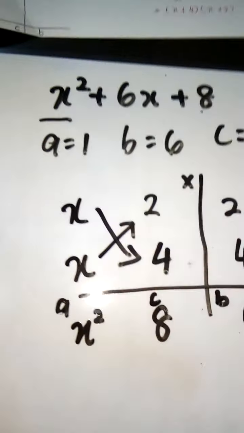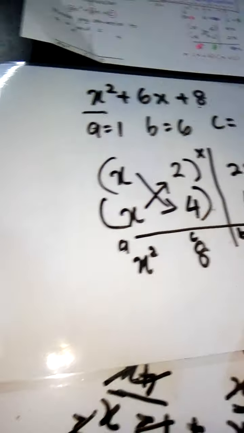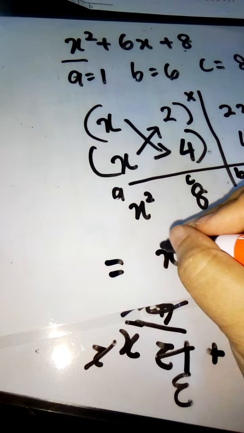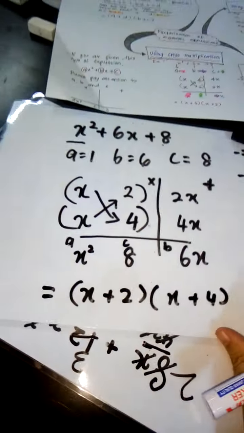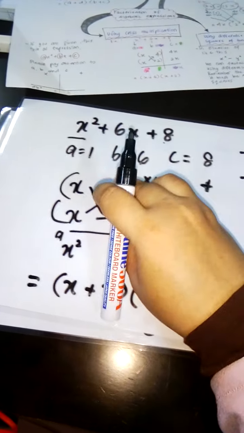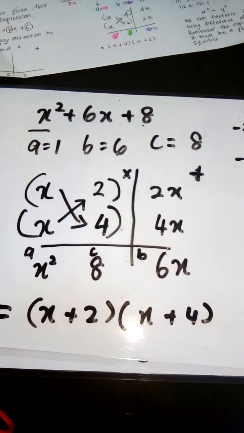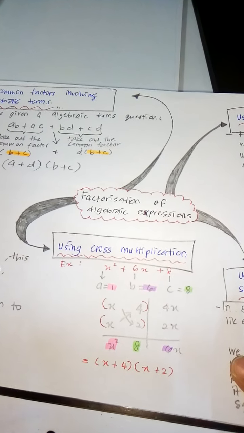So these are the factors. The answer is (x + 2)(x + 4). I know it might be a bit confusing, but we had done this in class, so this is just revision. This is how we factorize by using cross multiplication.